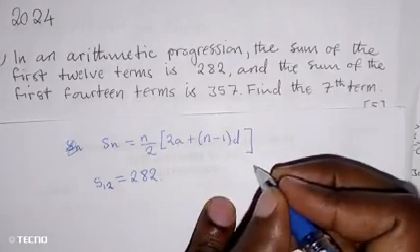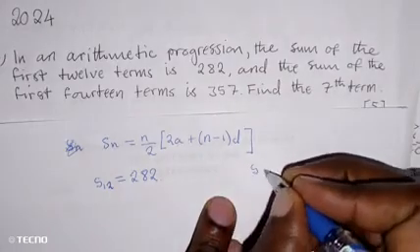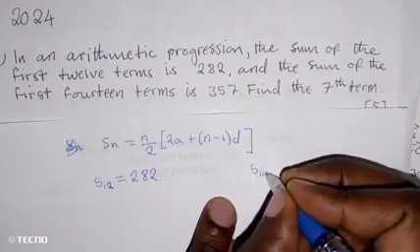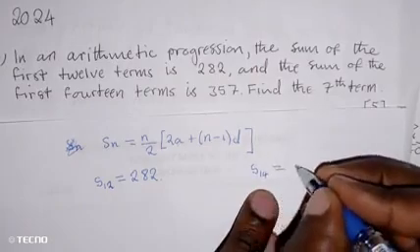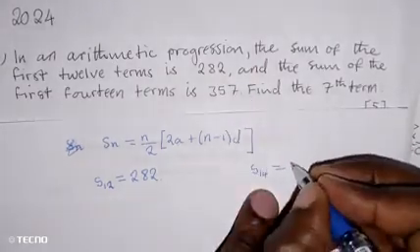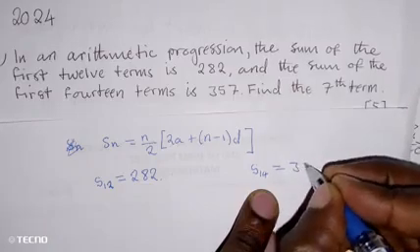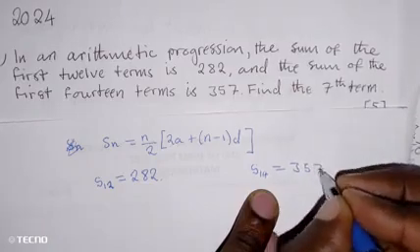Also on this side we have the sum of the first 14 terms, which is 357.